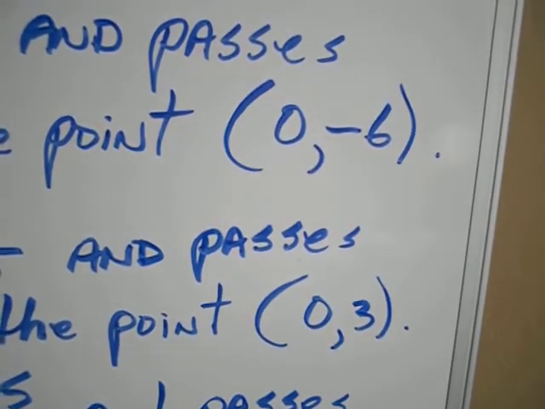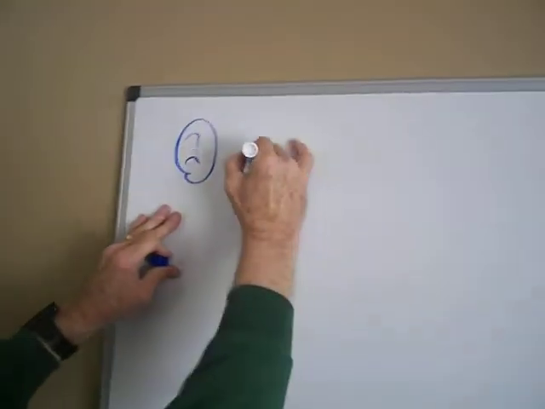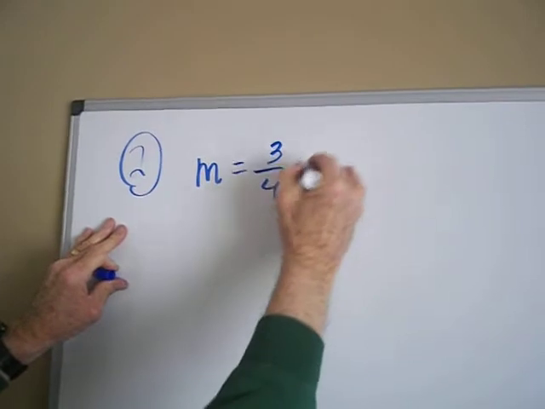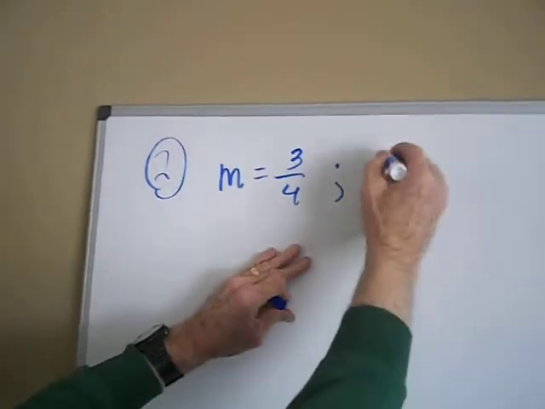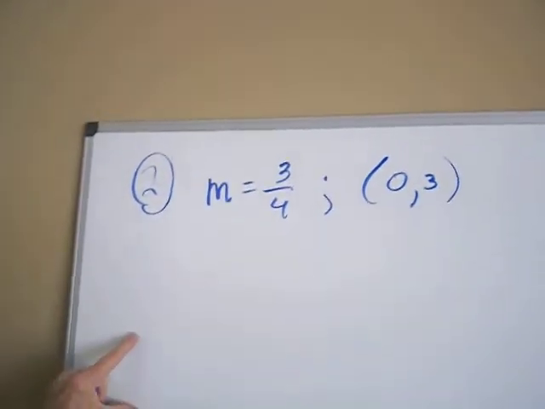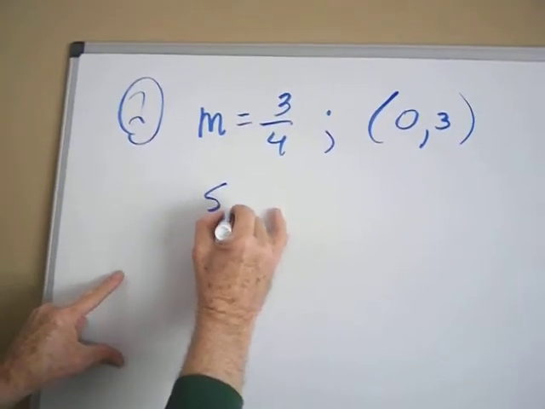There's your b. Now let's identify that data. Number 2, m is equal to 3/4. The y-intercept, 0, 3.